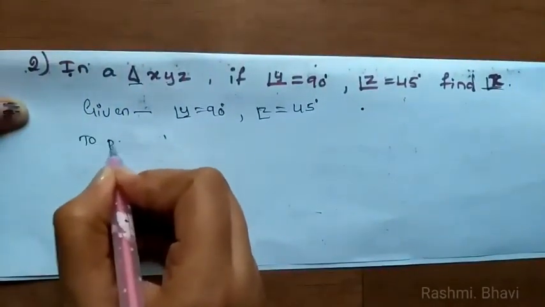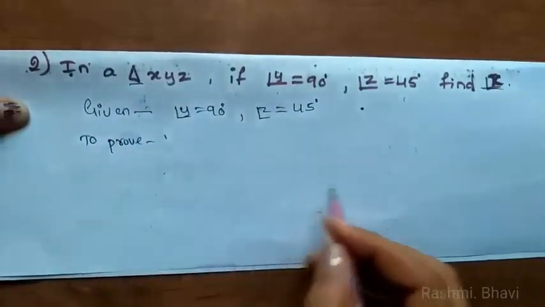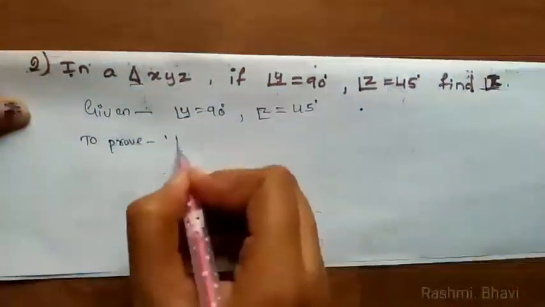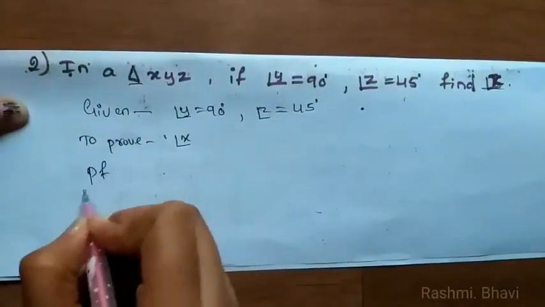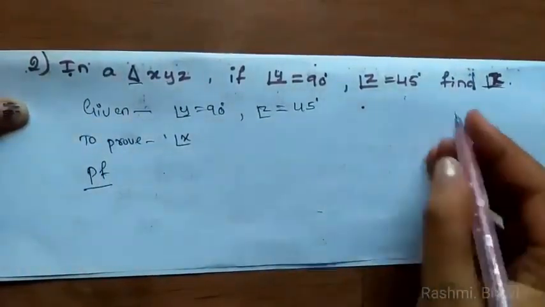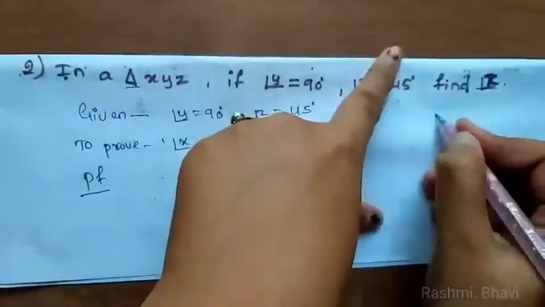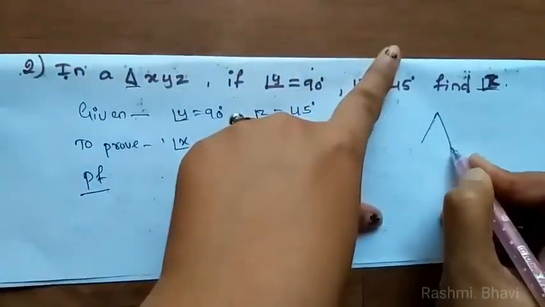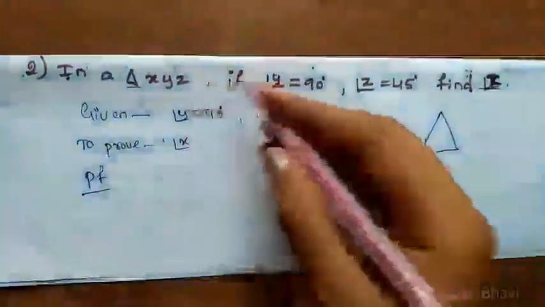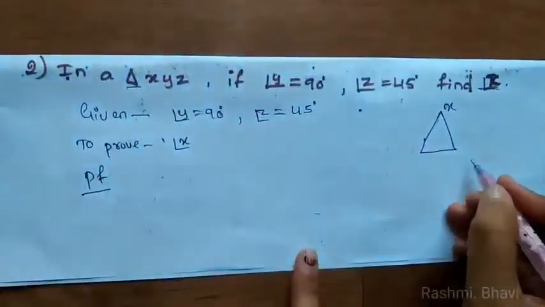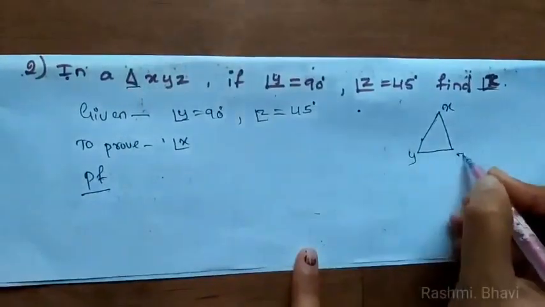To prove, or we write to find. What we have to find? Angle X. Let's start the proof. Here, first I will draw the triangle. The triangle name is what they given here? X, Y, Z.